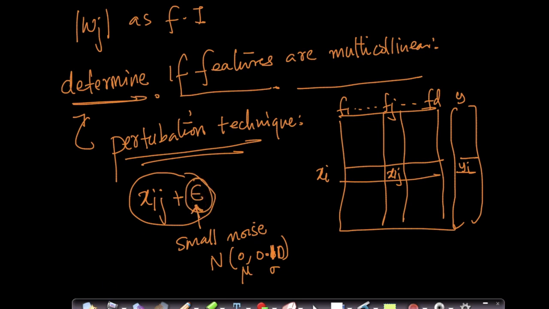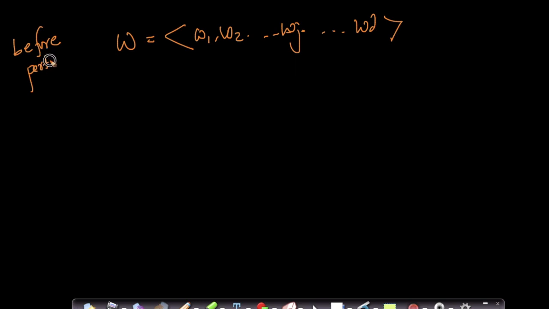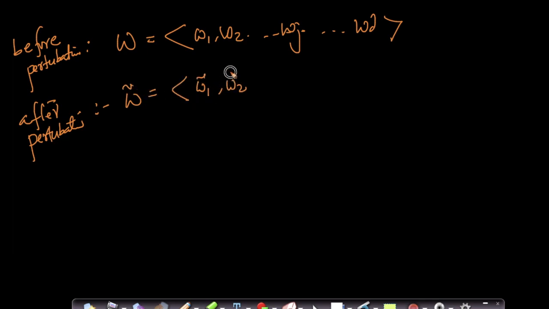Now what you have to do here is, before you add your noise, you compute your W: W1, so on and so forth, Wj, Wd, before perturbation. And after perturbation, train your logistic regression again and compute your W tilde: W1 tilde, W2 tilde, so on, Wj tilde, so on, Wd tilde.